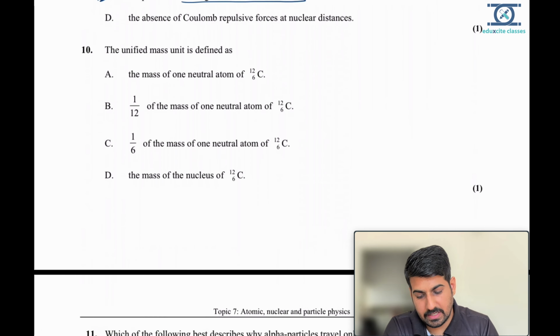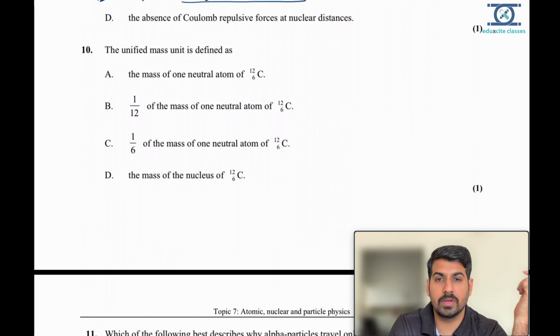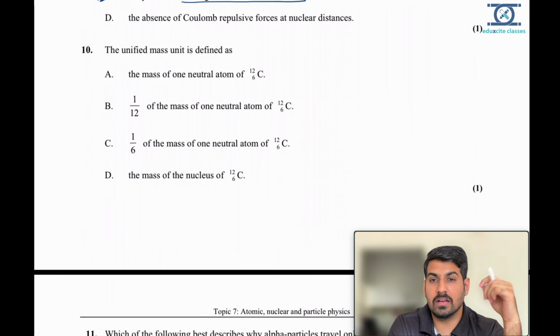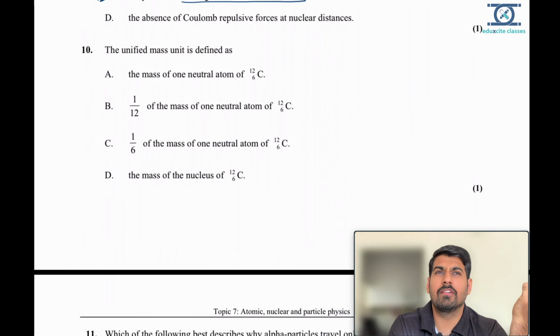Now question number 10, it's a direct question. The unified mass unit is defined as... Now when we go for the formal definition of the atomic mass unit, it says that it is equivalent to 1/12 of the mass of one neutral atom of carbon-12. Why have we taken carbon?